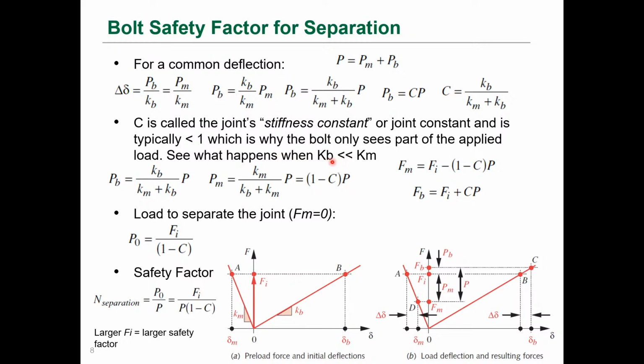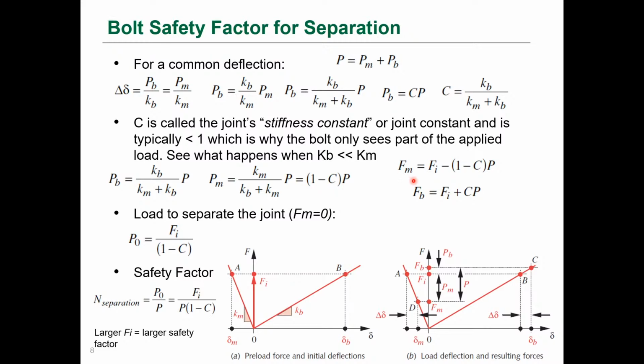You can see what happens when the bolt stiffness is much less than the material stiffness, and vice versa, just by looking at this equation. All right. So we can express the load in the bolt in terms of the stiffness factor times the load. This is C, and this is 1 minus C times the applied load.